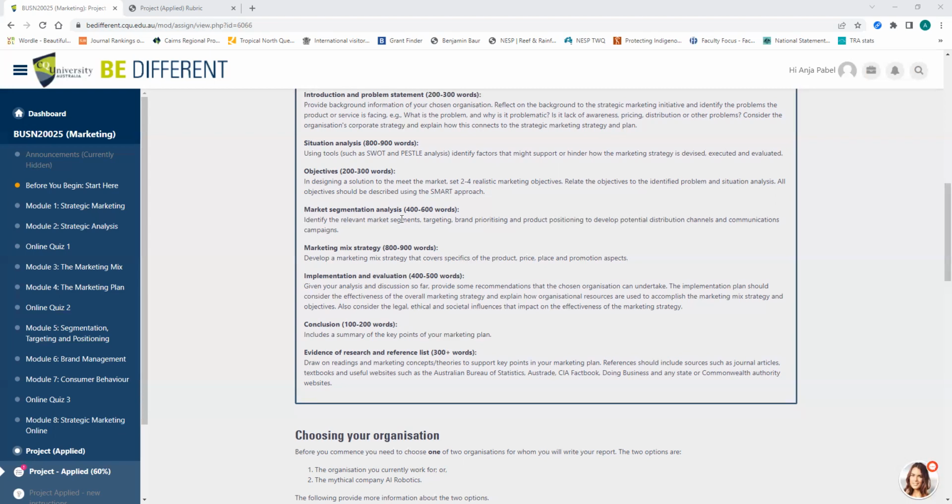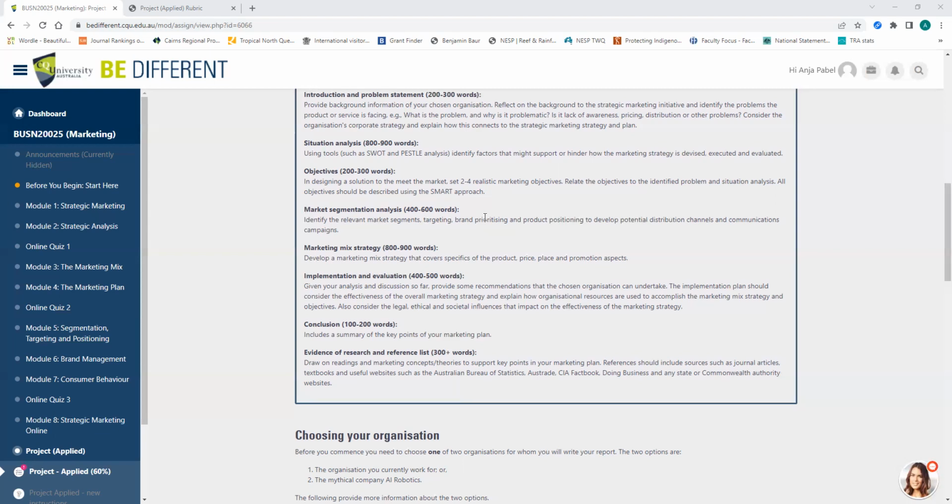Then you might also write about brand positioning and brand prioritizing. So brand positioning is essentially how the product is positioned in the minds of the customers. And that is quite important in trying to develop a competitive advantage.